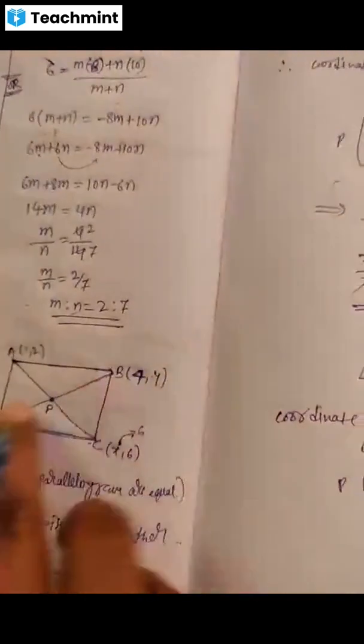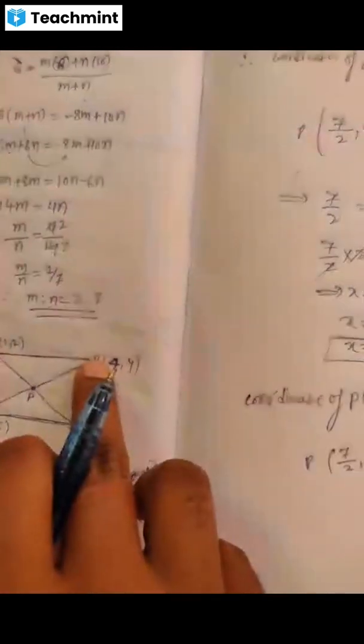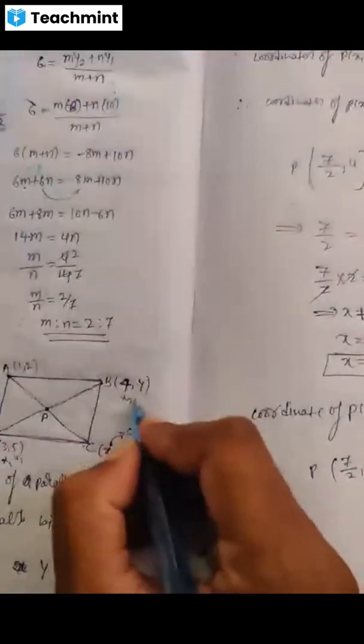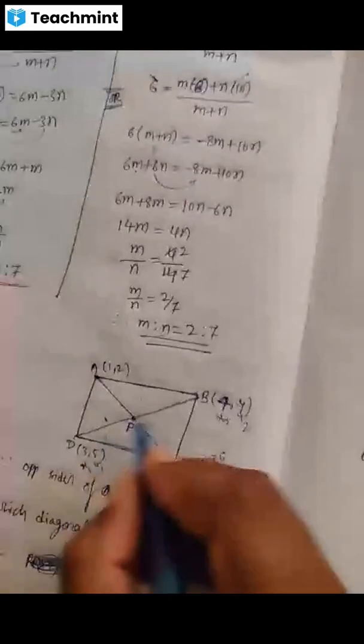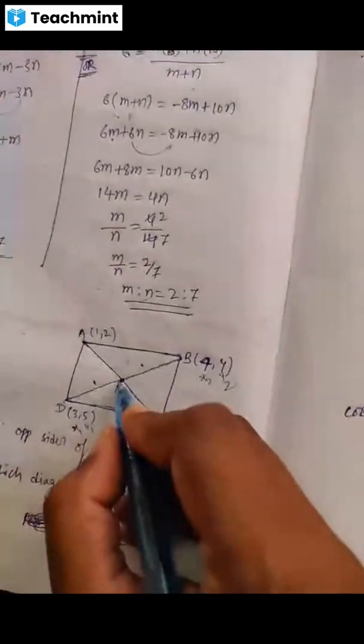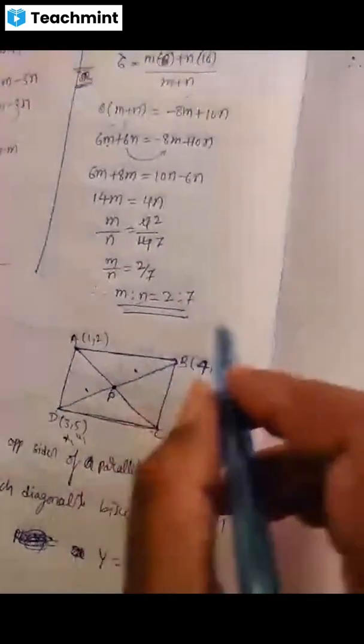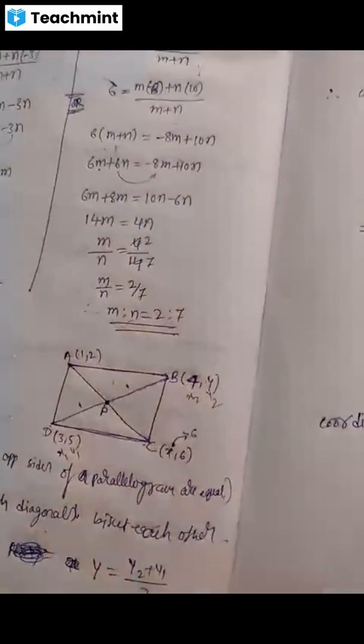This time, to find y we have to consider the coordinates of D and B. So take them as (x1, y1) and (x2, y2). m:n is 1:1, because P is the midpoint of DB, because diagonals bisect each other in a parallelogram.